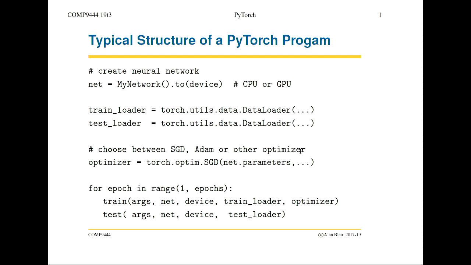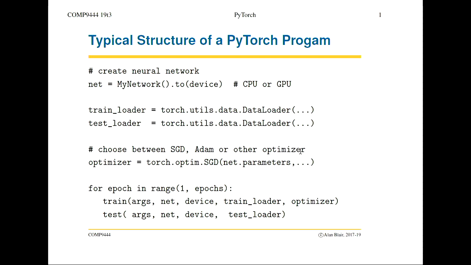If you define a structure called my network, then you say net equals my network. If you're using a GPU, you define the device and you say to device. Most of you will probably be using a CPU rather than a GPU. If you're using a CPU, you may not have to say the to device, but I'm making you aware of it in case you have a GPU and want to use it, or if you see code that uses a GPU.